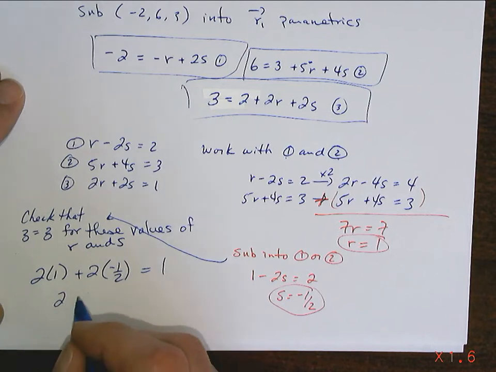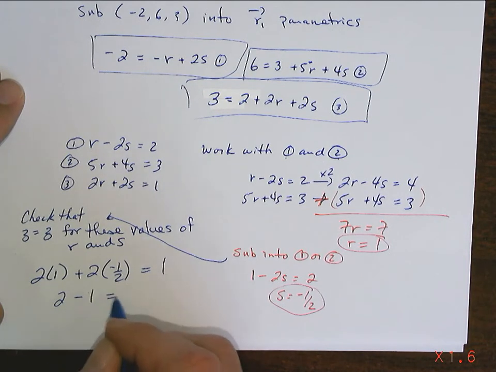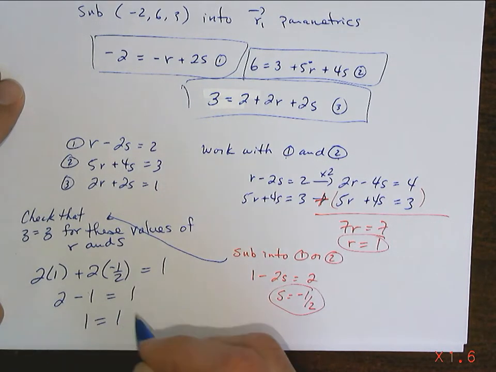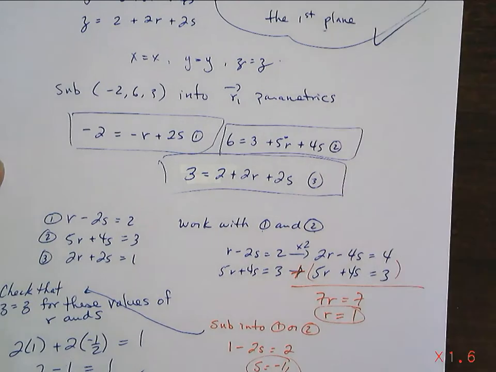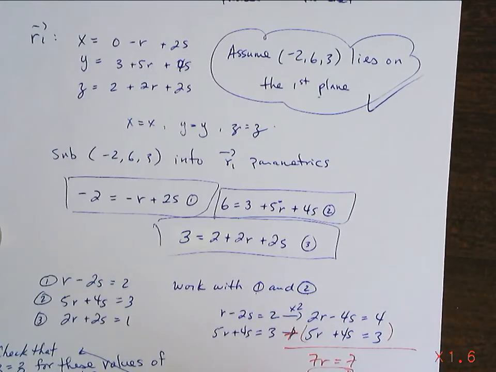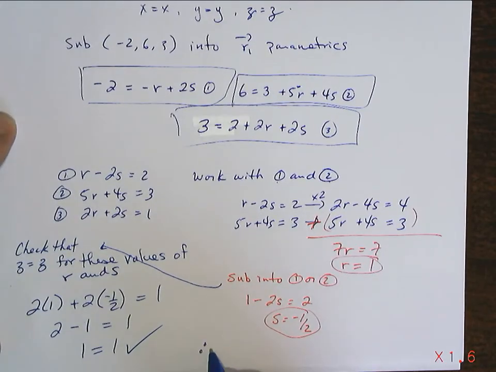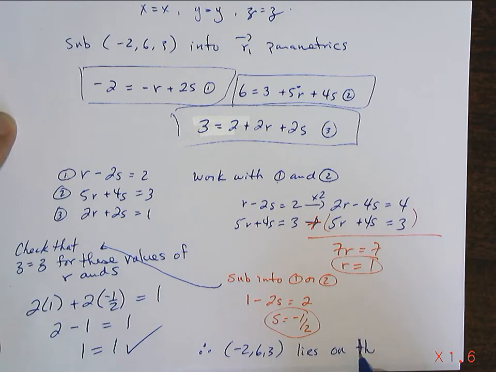That is 2 - 1 = 1. 1 equals 1. That means our math worked out, which means our assumption worked out, which means the point lies on the line. Not the line, plane. Not on the plane, but it actually lies on both planes because we took it from the other plane.